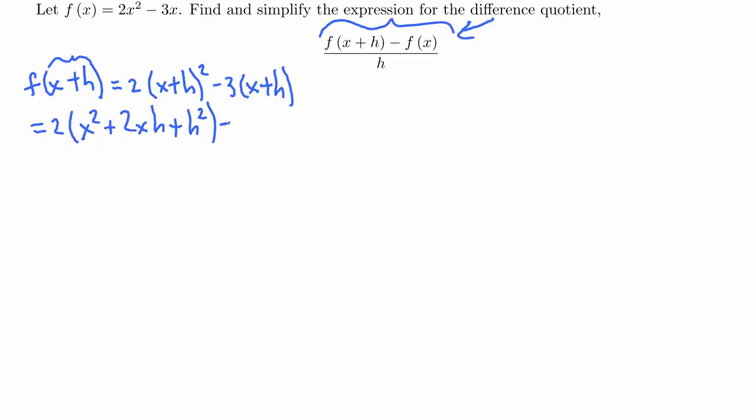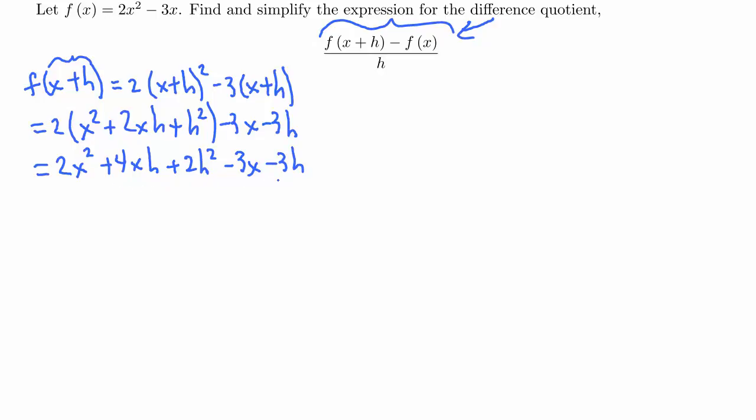Distribute the negative 3 gives me negative 3x minus 3h. Then distribute the 2. That gives you 2x squared plus 4xh plus 2h squared. And then I still have the negative 3x and the negative 3h.